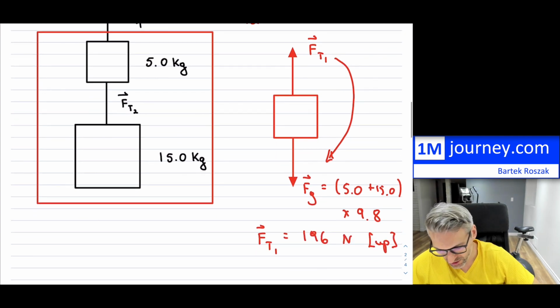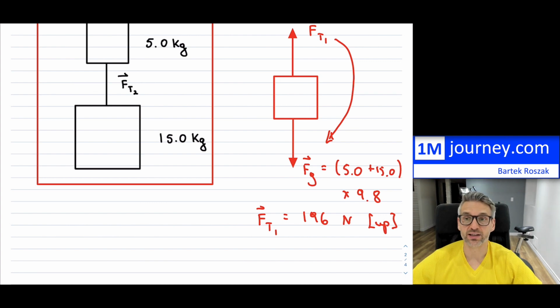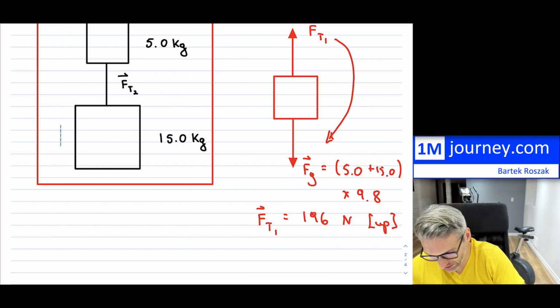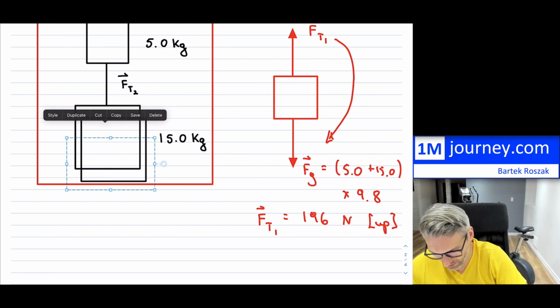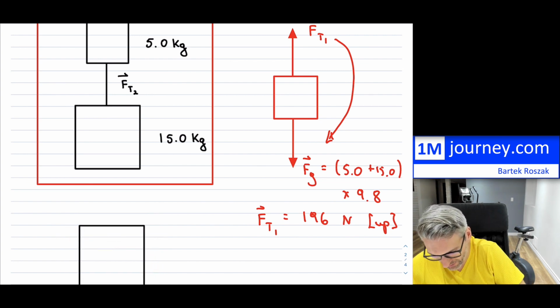Now if we wanted to find out what the tension is over here, we don't need to take into account everything. In this case, we would only take into account this particular item, so we would have just simply this. This is now 15 kilograms right there.